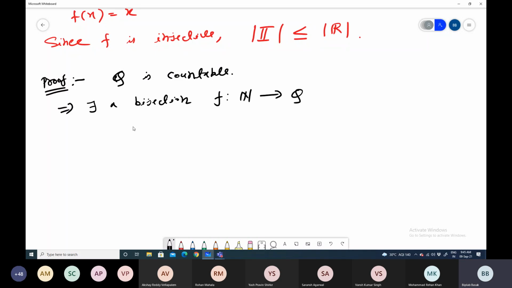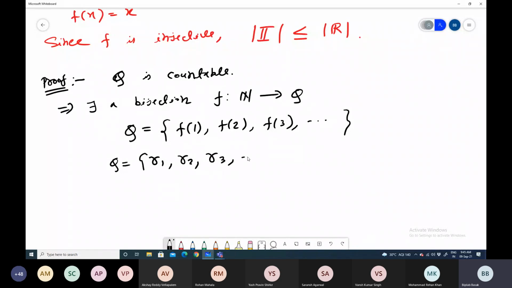So that means Q can be written as f(1), f(2), f(3), and so on. Or you can say that Q equals r1, r2, r3 in this way. So that means you can write Q as an infinite set, and here the terms are not repeated.